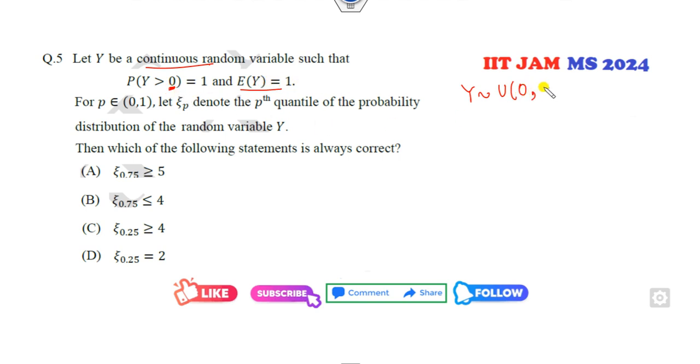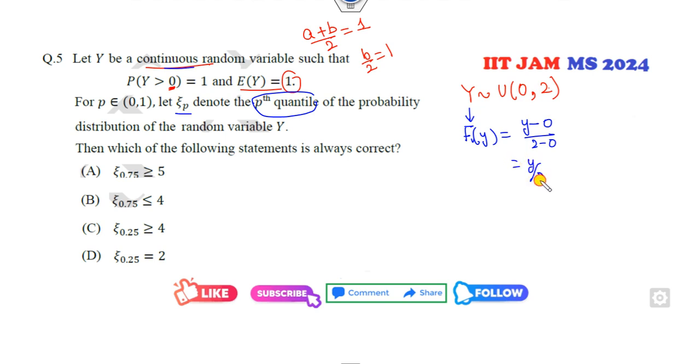What is the upper limit? So that the mean will be 1. We all know the mean of the uniform distribution is (a+b)/2. a is 0, so b over 2 is 1, so b will be 2. Then the question arises: whenever you have quartiles, find the CDF. CDF of this y will be y minus 0 over the range, so that means y over 2.